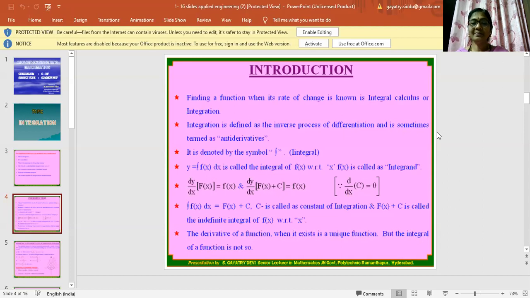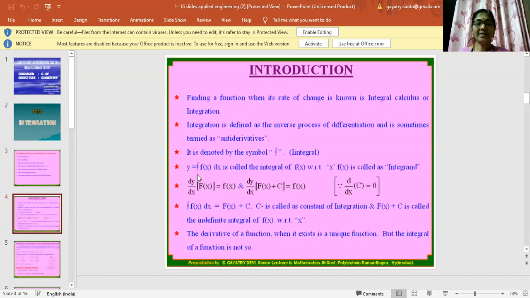It is sometimes termed as antiderivatives. The integration itself is termed as antiderivatives. And it is denoted by the symbol integral, which is the extended S, in the form like this.